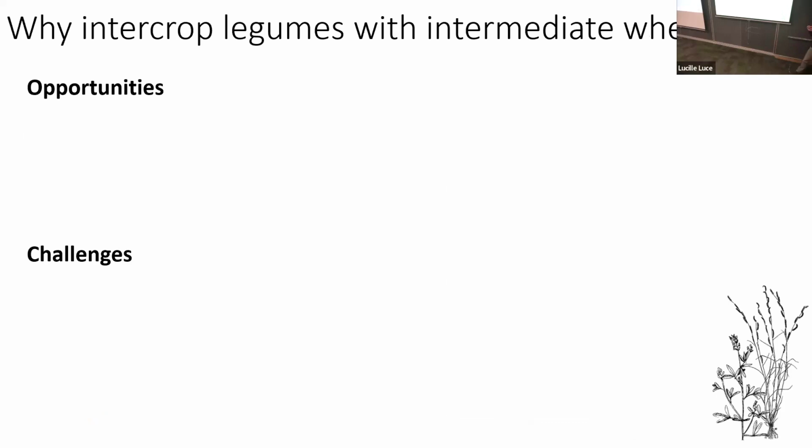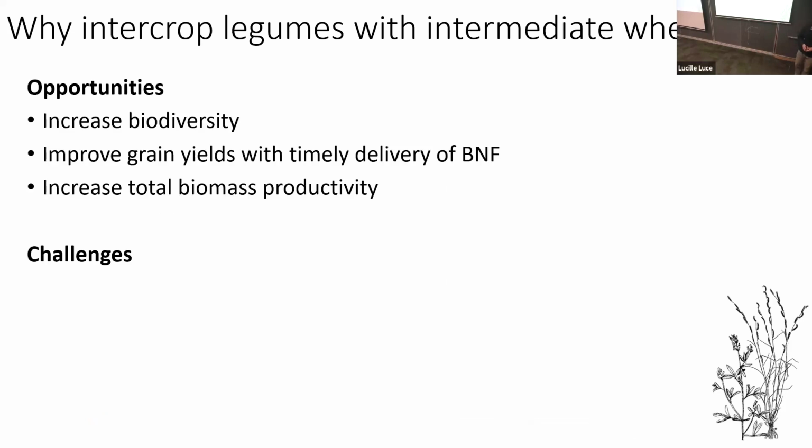Okay, so where does this bring us for intercropping? We are still interested in making that system more sustainable by providing nitrogen to the crop via biological nitrogen fixation. It would be really great to not have to fertilize these current systems at all. We'd also love to increase biodiversity and potentially increase total biomass.